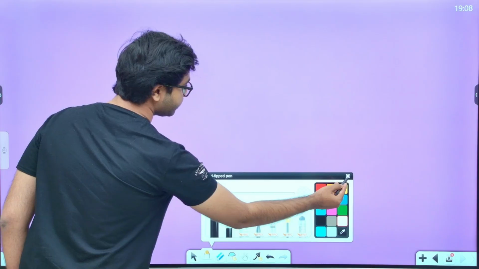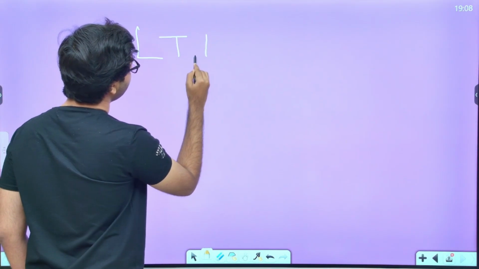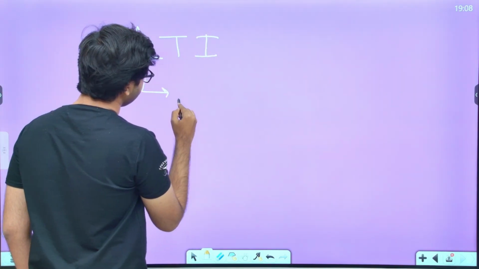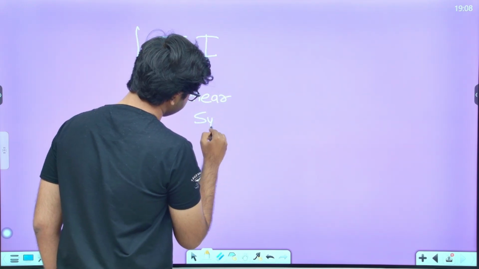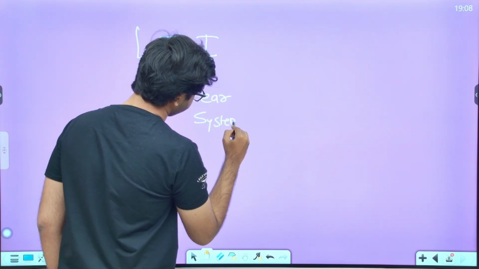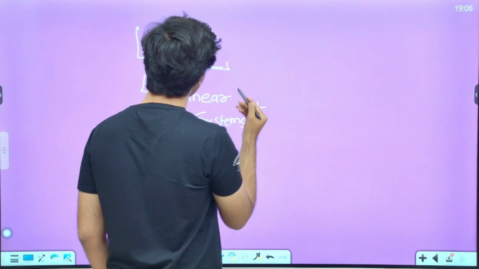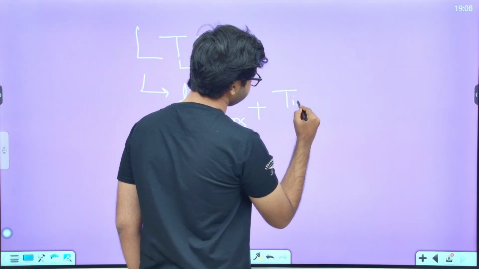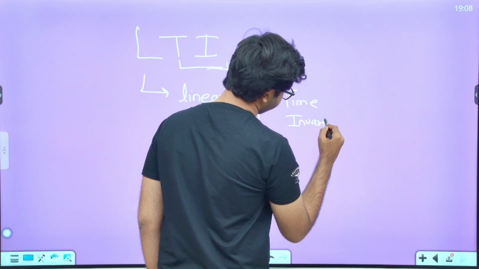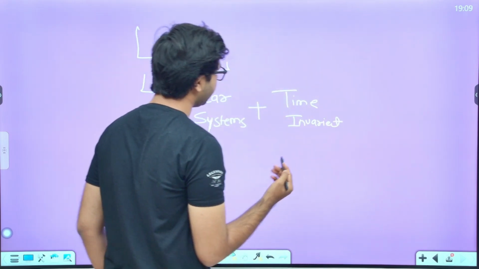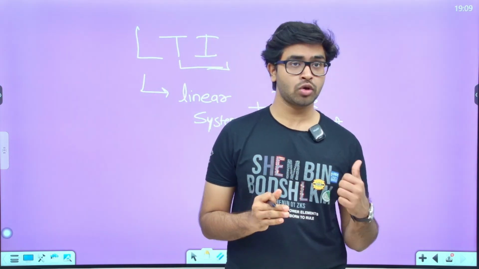An LTI system is the combination of linear systems plus time invariant. So these are the LTI systems, and the most important part, we will stop after this.